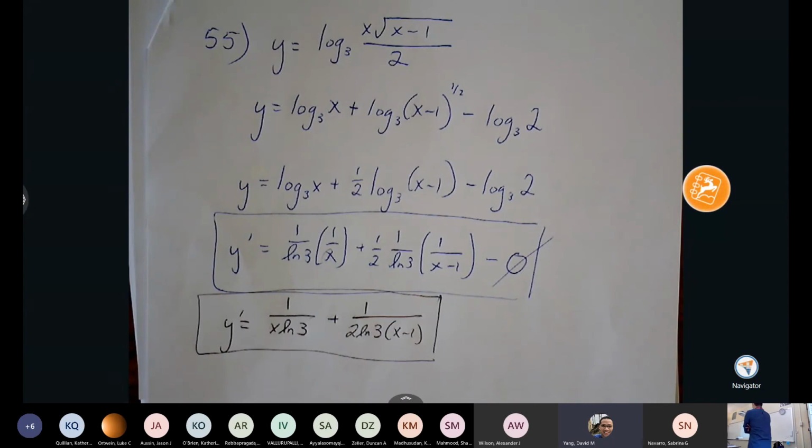Denominator is quotient property. Continue expanding. Once you expand far enough that you can deal with that 1/2, we don't want to deal with this 1/2 too soon. Once it's separated from the other log terms, we can then bring that 1/2 down. And then we just follow the rules.